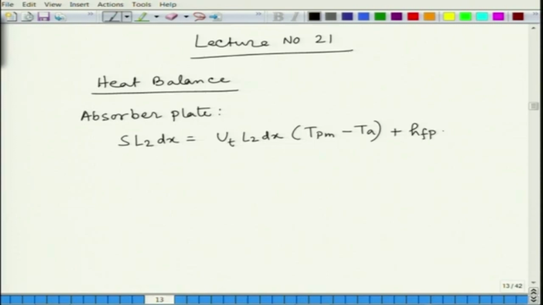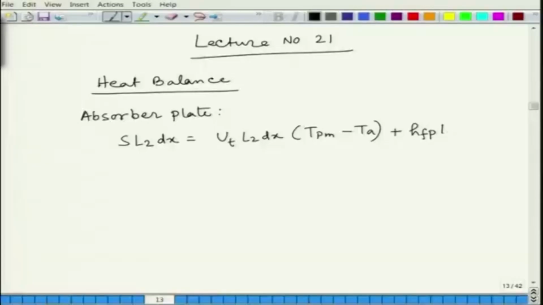We have seen that the heat transfer coefficient we have designated with h_fp. F stands for the fluid and P stands for the plate, and the area remains the same, and you have to multiply it with the temperature difference between the plate and the fluid. Now, another term we have here is the radiative heat transfer between the absorber plate and the bottom plate. What is that?